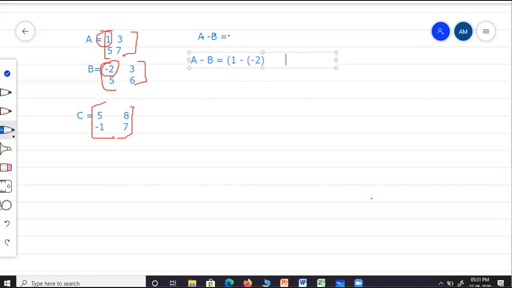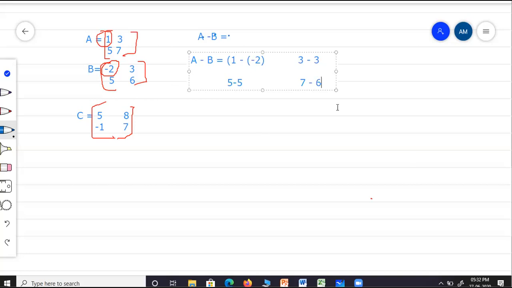Then the second element, 3 minus 3. Third element, 5 minus 5. And the last element, 7 minus 6.